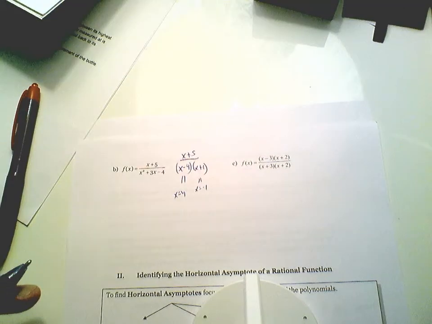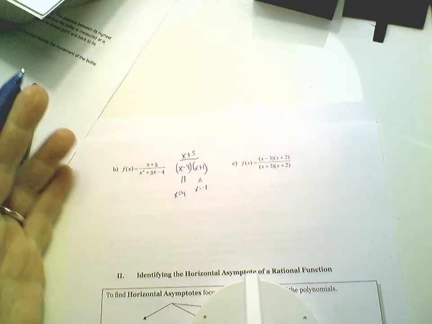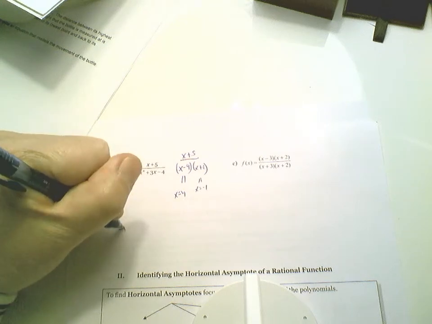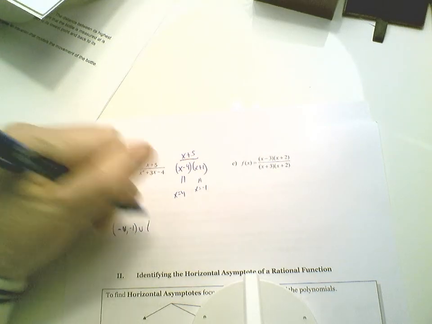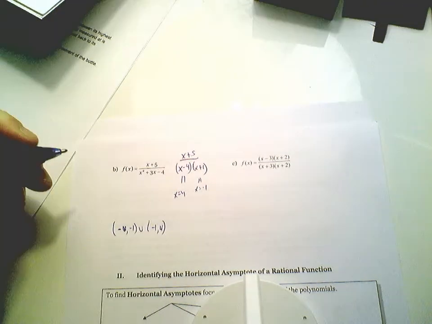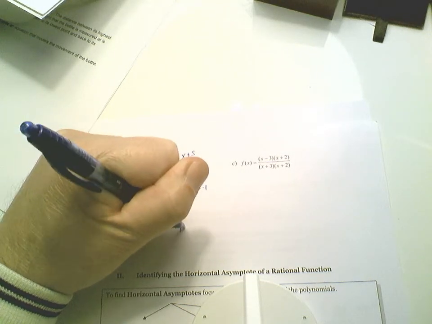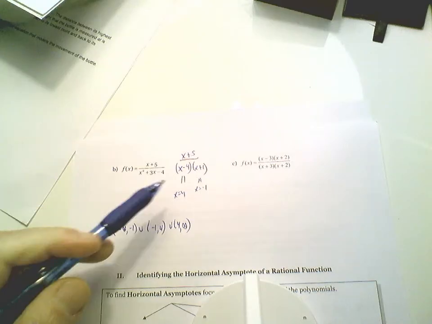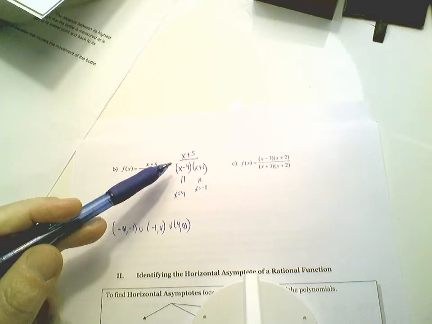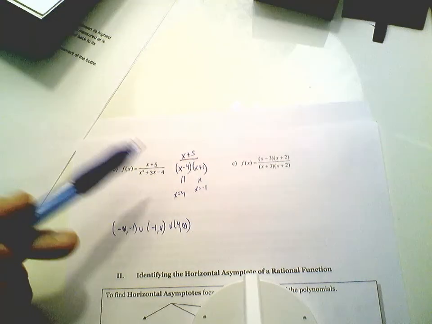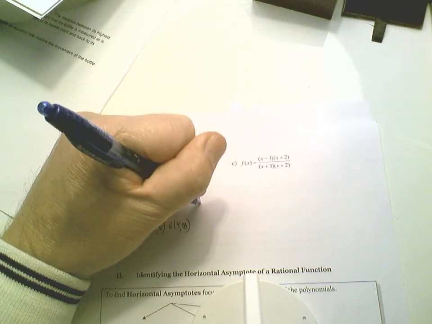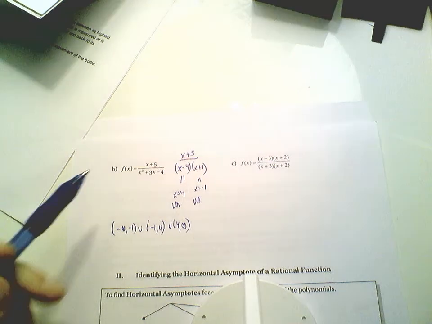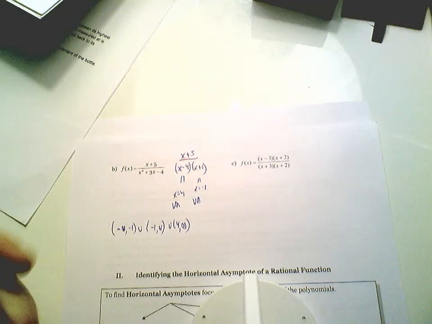If I wanted to write the domain, it would be from negative infinity to negative 1, union, negative 1 to 4, union, 4 to infinity. And in both cases, x minus 4 only lives in the denominator, and x plus 1 only lives in the denominator. This graph would have two vertical asymptotes, one at x equals 4, another at x equals negative 1.